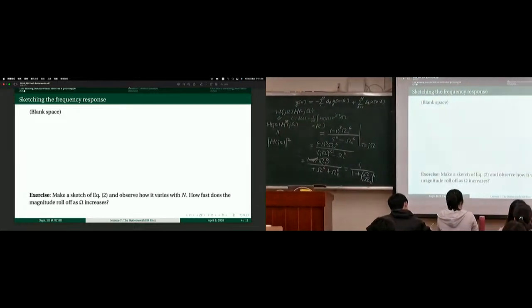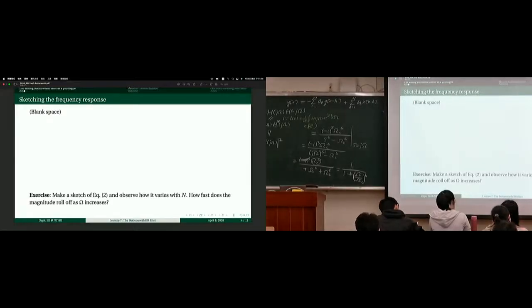That's a technical term. Roll off means how fast the frequency response attenuates. We call it roll off. So when n increases, this rate of rolling off becomes faster. So from here it decays faster as n increases.